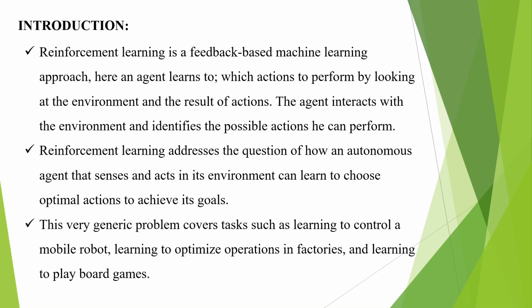We have other examples as well, like learning to optimize operations in factories. As we know, in manufacturing industries or in the health sector nowadays, many tasks previously performed by humans are being automated and replaced with robots.